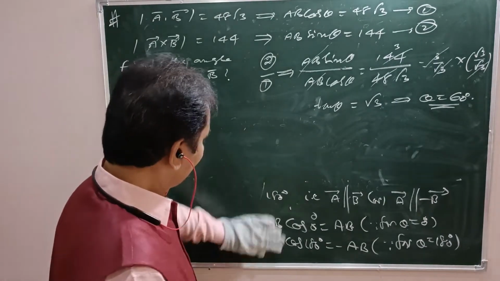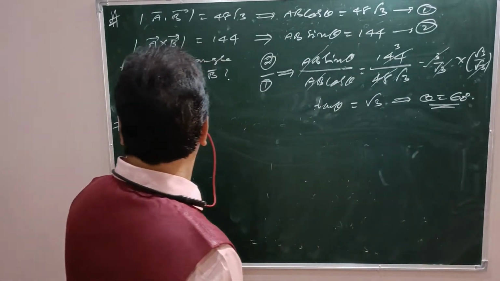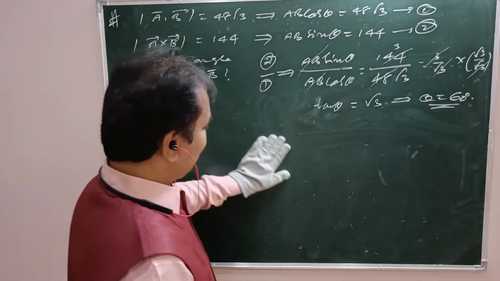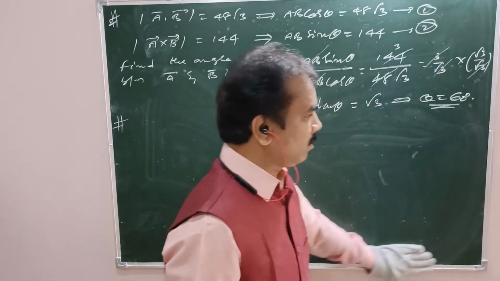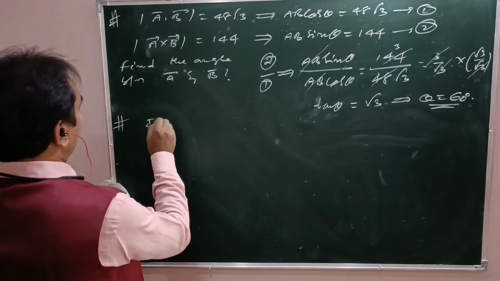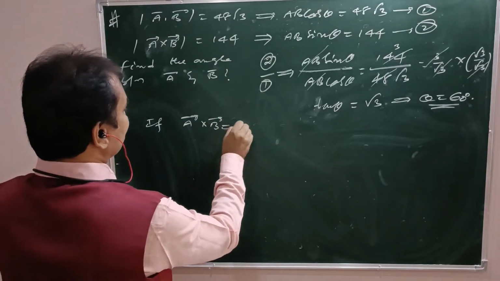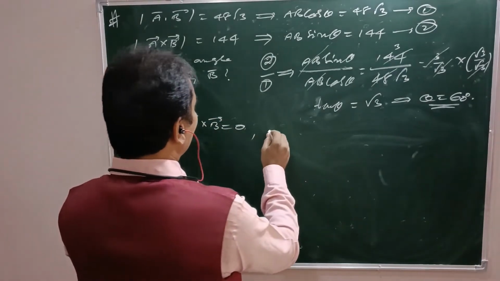Now coming to another result. Suppose A cross B is 0, right?